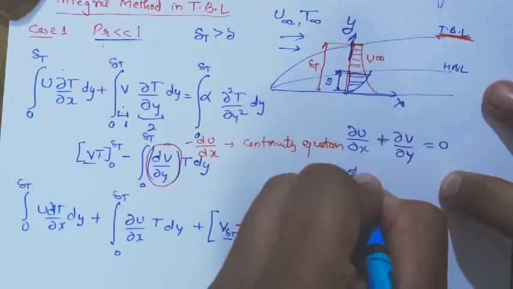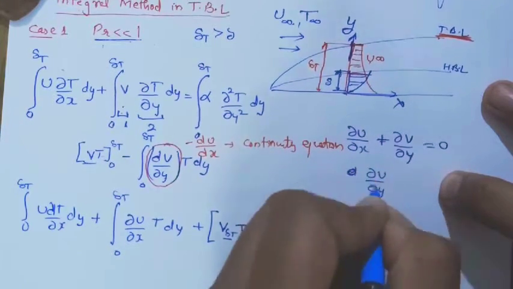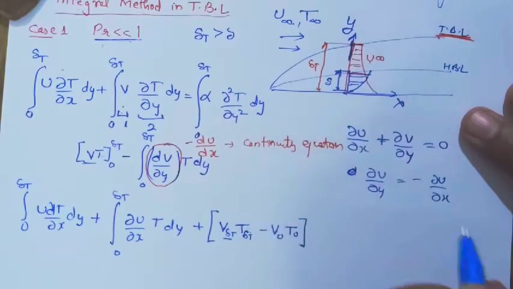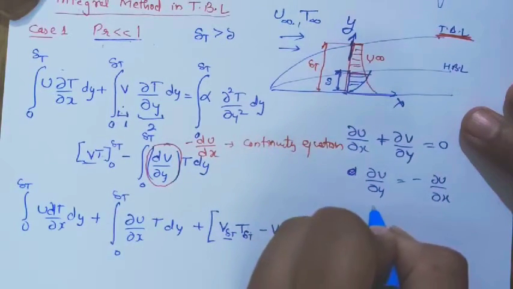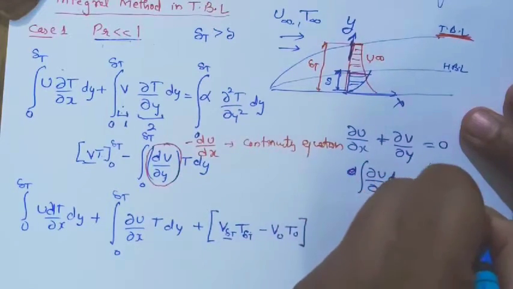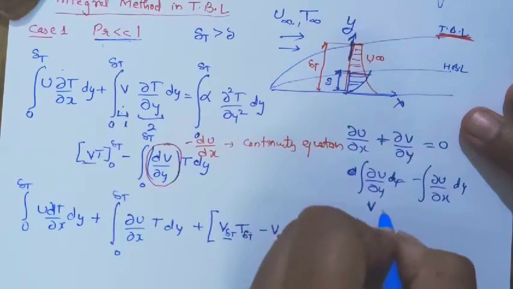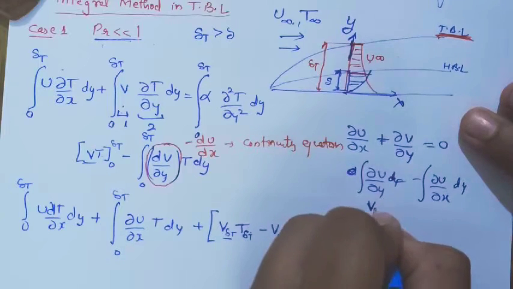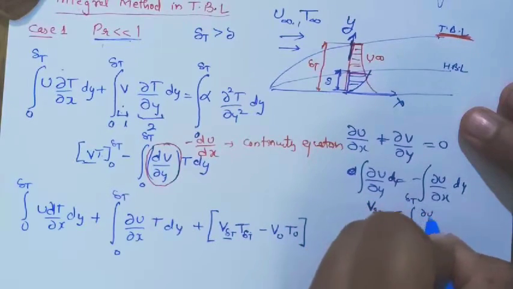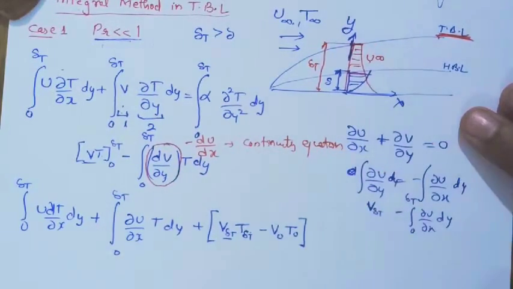That is dv by dy is equal to minus of du by dx, and if I integrate this with respect to dy, I'll get V at delta T is equal to minus of the integral of du by dx dy, right?